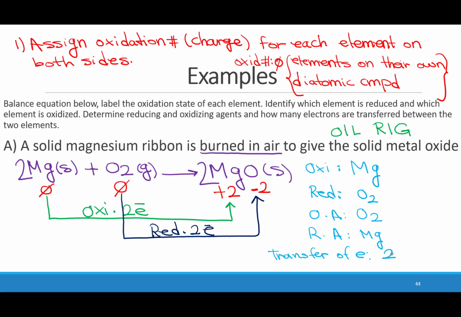It's 2, because magnesium lost the 2, oxygen got that 2. Then we have 2 electrons being transferred. If it would have been 2 and 4, we'll go with 4. If it would have been 3 and 2, we go with 6. Just use the common factor. Okay, but here it is only 2.